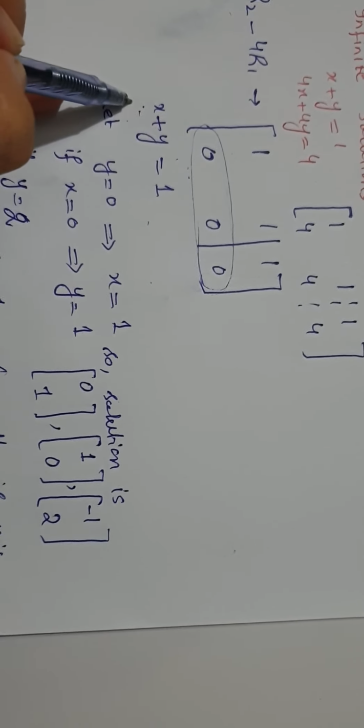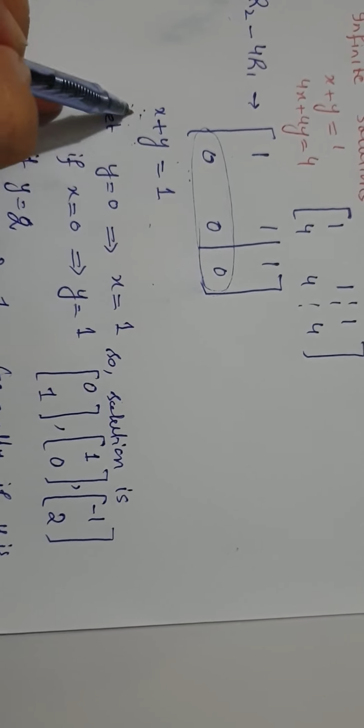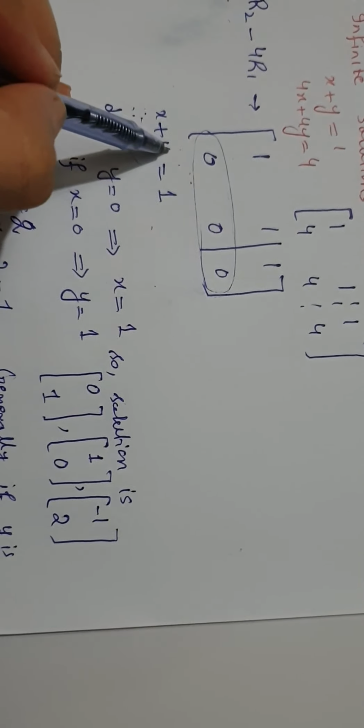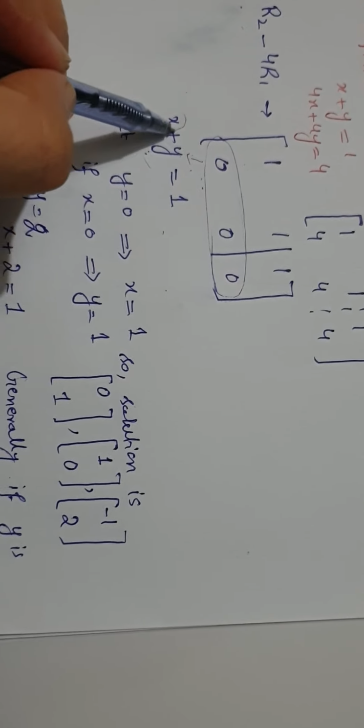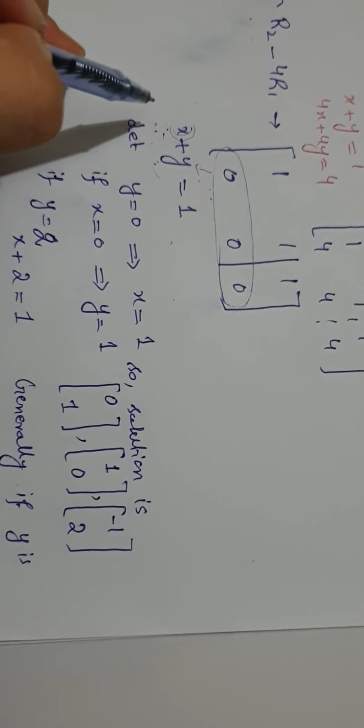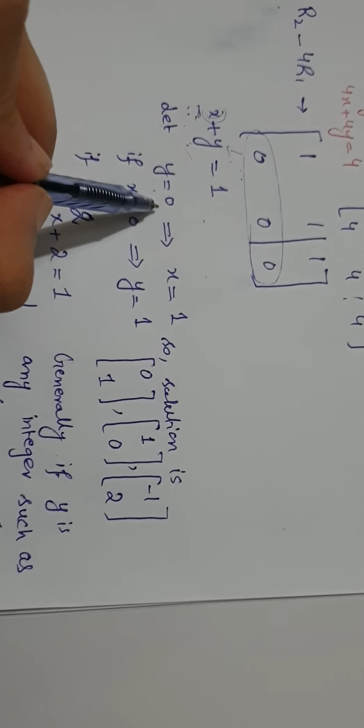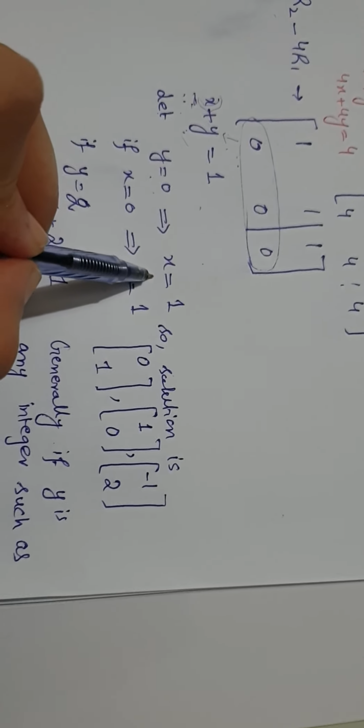Now we have two unknown parameters in the given equation, so I will suppose one value of a variable and then determine the second. Let's say y = 0, so this implies x = 1.